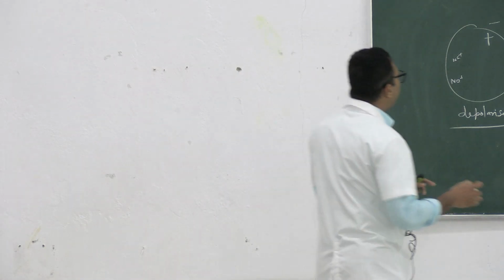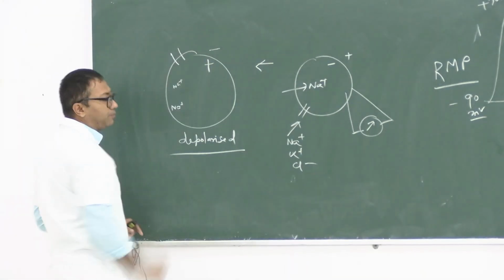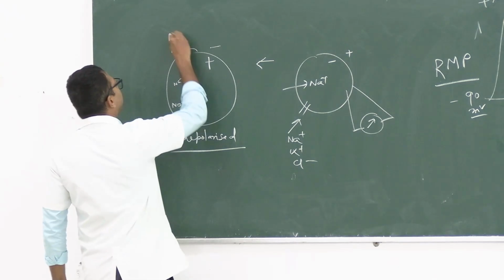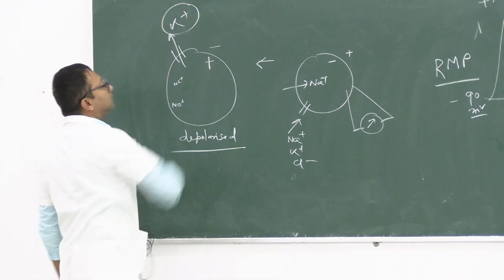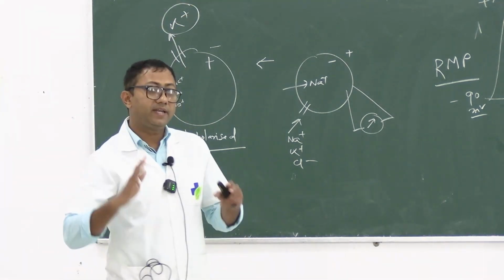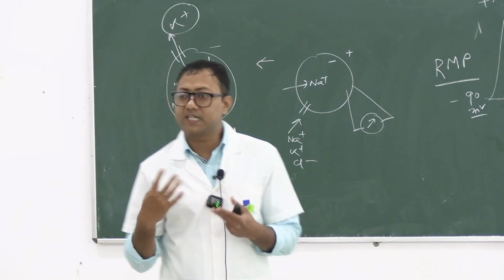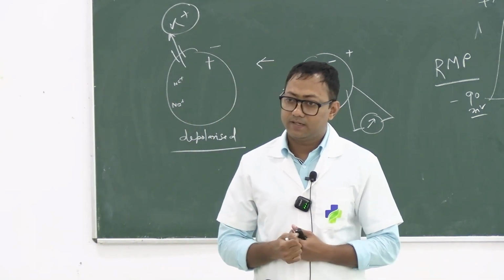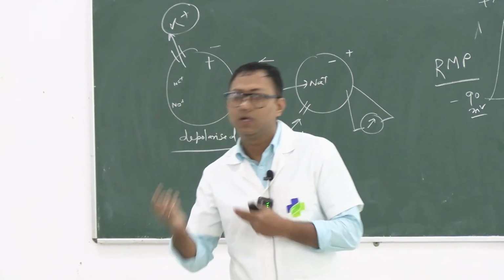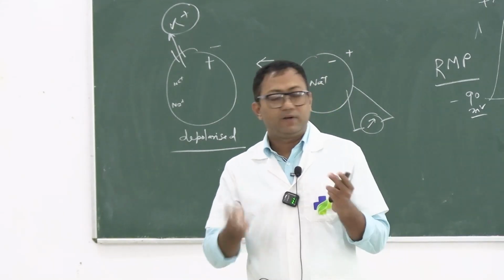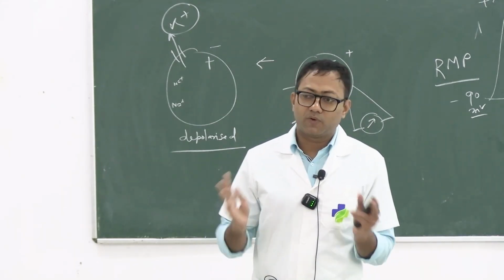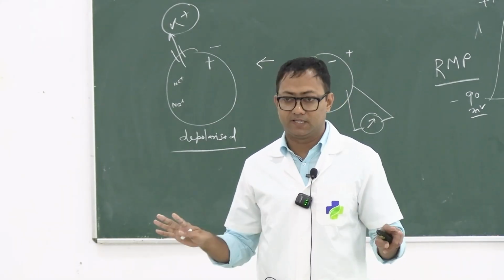Say now potassium channels open. Potassium will exit from the cell through a voltage gated potassium channel. So it will try to come back to resting membrane potential and to stability.